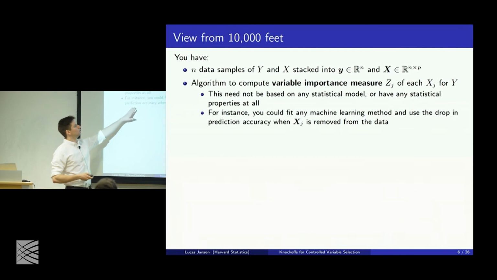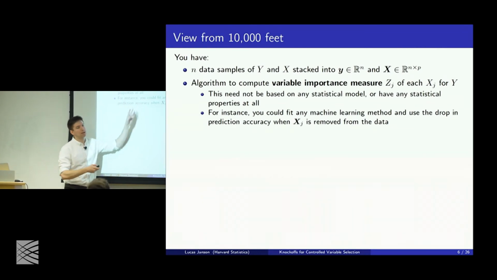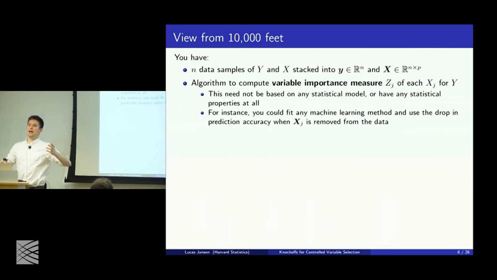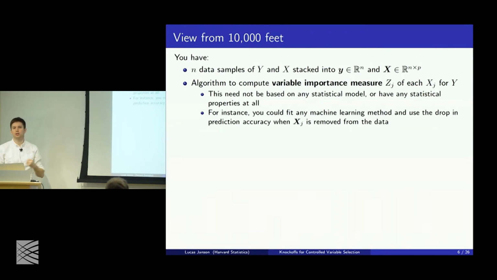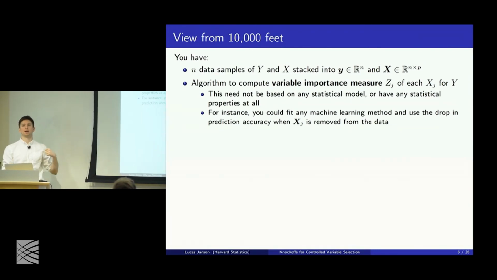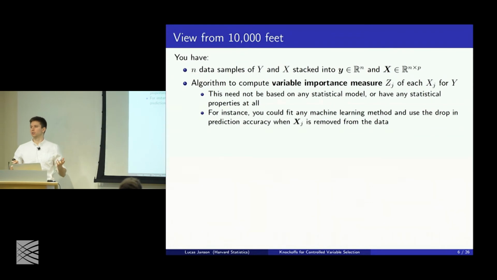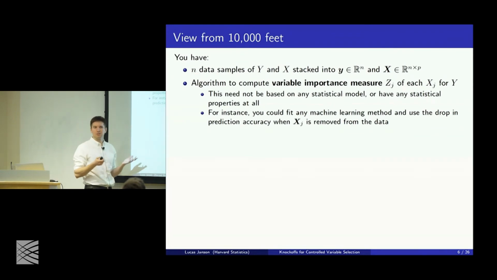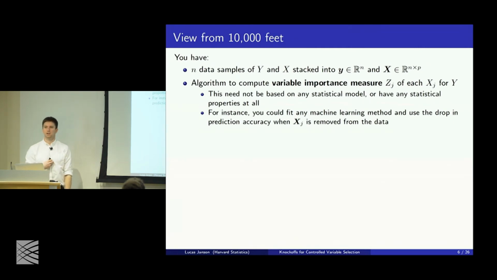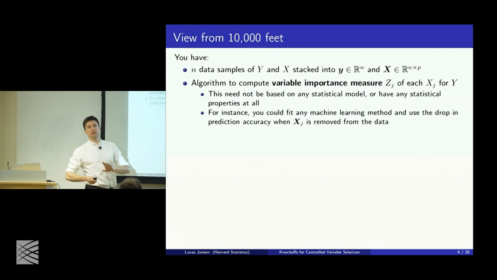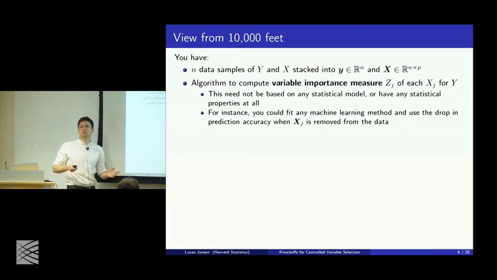For instance, something that would always apply is you could fit a machine learning method and see how much the cross-validation error changes when you drop that variable. That's some measure of how important that variable is. If it changes your prediction error, it seems like it's probably important. If your prediction error doesn't really change when you drop that variable, it doesn't seem like it's very important. I'm not going to say that has any inferential guarantees, but it seems like a reasonable measure of variable importance.